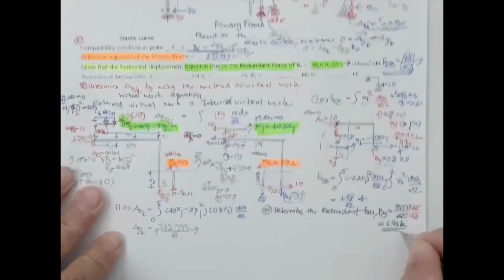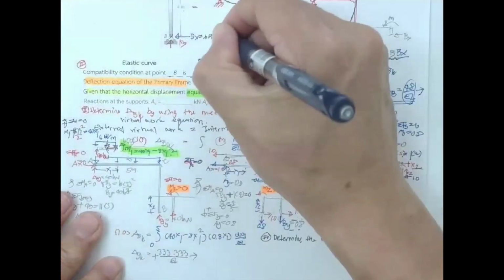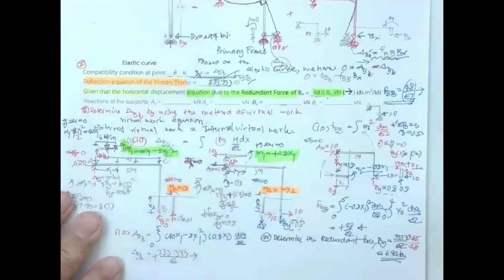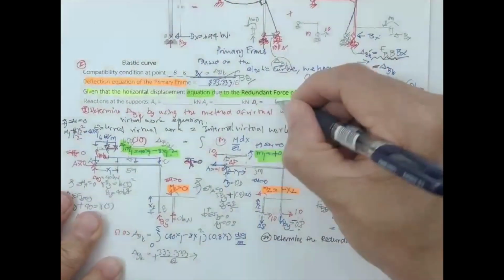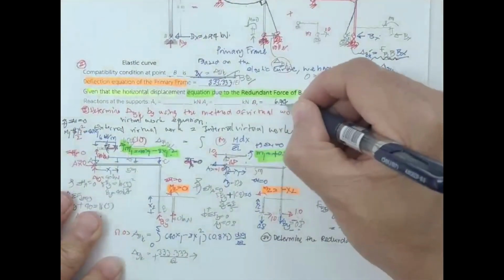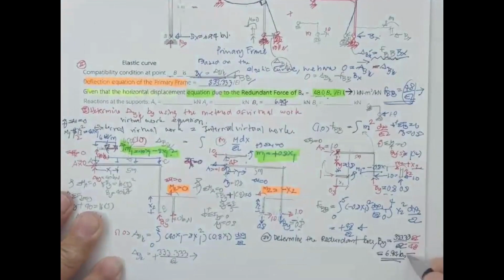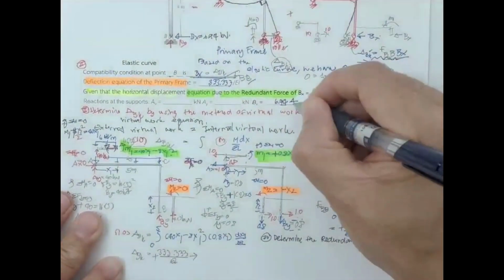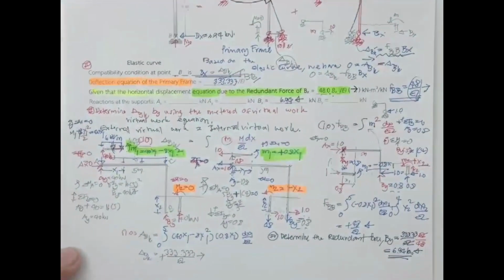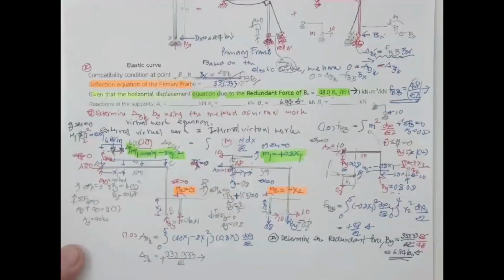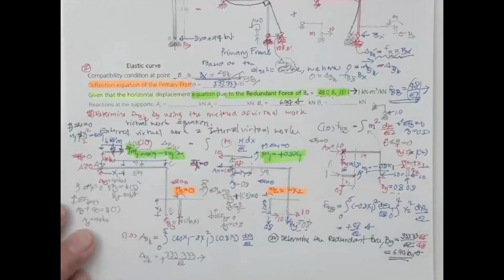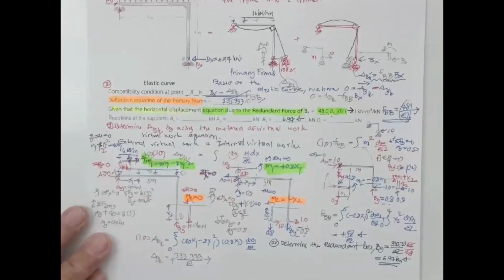And then it's going to be in this direction, 6.94 kilonewton. And this is going to be 6.94 kilonewton in this direction. Okay. When you get this, it's going to be your 6.94. Then you may move up to these pictures.